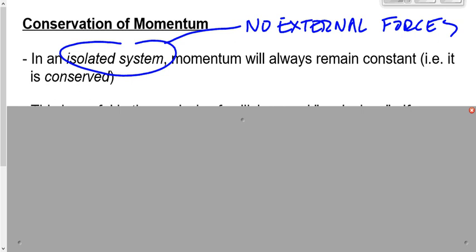But if I look at just a fraction of a second after the collision has taken place, then friction hasn't really had a chance to do anything. So we'll call it an isolated system because my collision has been before friction has had a chance to do anything. Got it? So look at just before and just after, and normally that's enough to make it an isolated system.